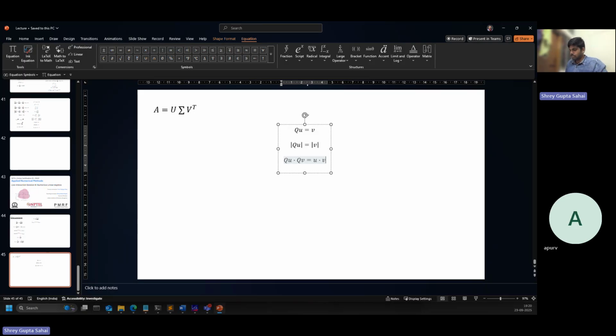But orthogonal matrices don't do any scaling of that sort, so the length of the vector remains unchanged. That is one thing. Let me be precise with this.